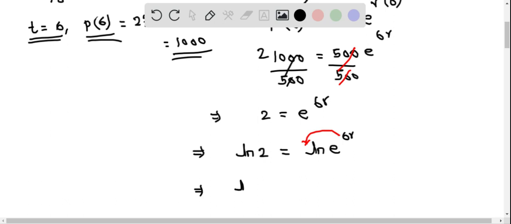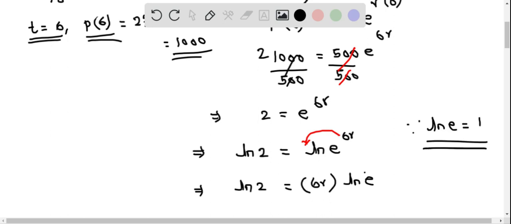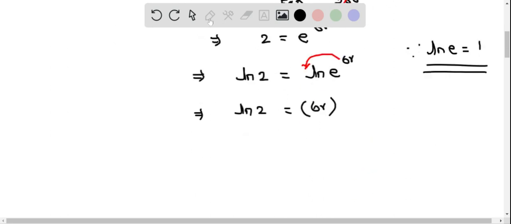So therefore we can write this as natural logarithm of 2 equals 6r times natural logarithm of e. Let's recall the value of natural logarithm of e, which equals 1. So I can replace this by 1, which means I can just remove it, because 6r times 1 is 6r. So we have this equation.